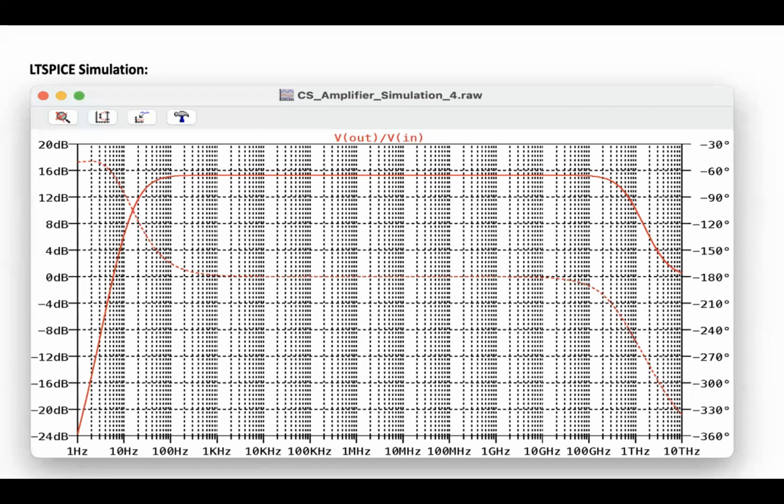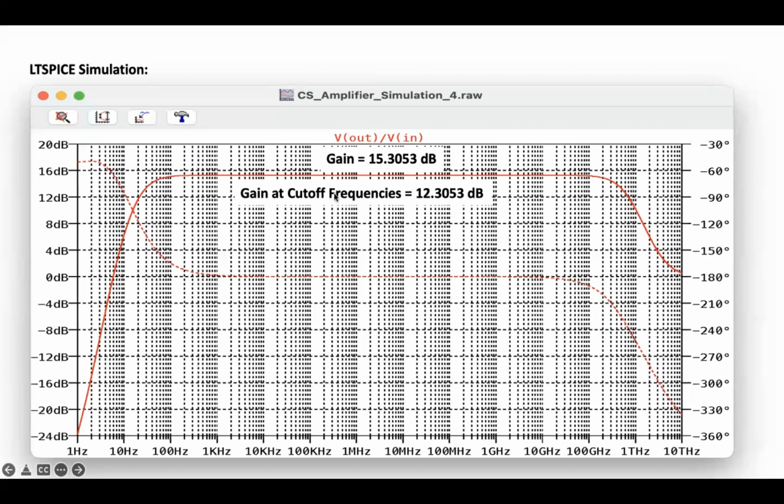So this is the closer look of the frequency response. And again, the voltage gain based on our measurement is 15.3 decibels. And then based on the maximum gain, subtract 3 decibels, and that will give us the cut-off frequencies. So that is the definition.